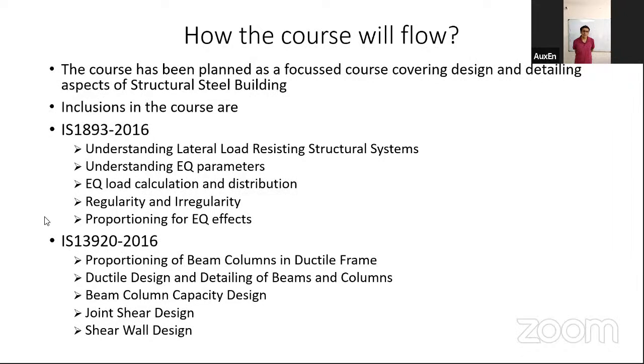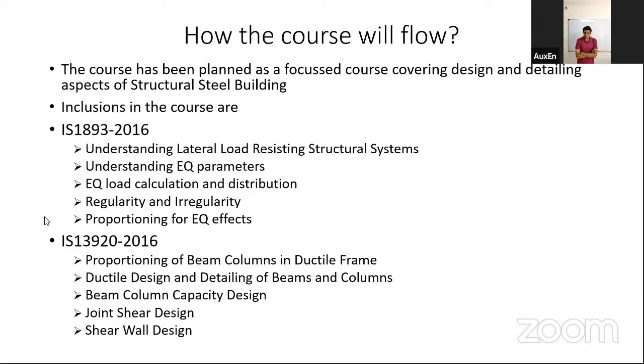And as I told you, after the 2016 revision, earlier this code was only called ductile detailing for structures subjected to seismic forces. But now the name has changed to ductile design and detailing. Since the 2016 revision, the name has been modified to ductile design and detailing. So they have included a number of design provisions also, which were earlier absent from the 93 revision of this code.